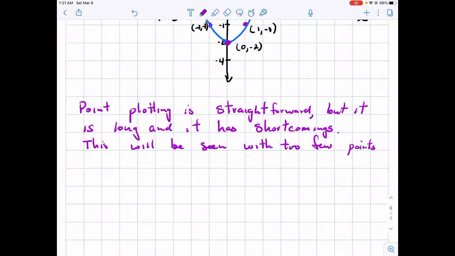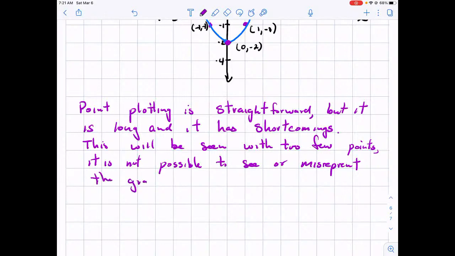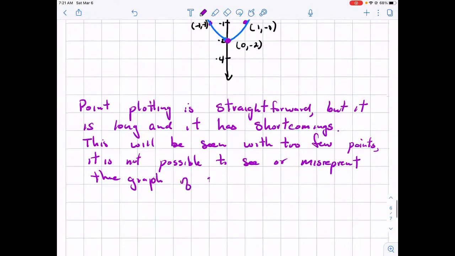When we have too few points, it is not possible to see, or we may misinterpret or misrepresent the graph.